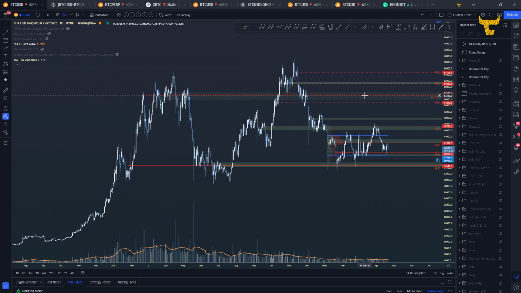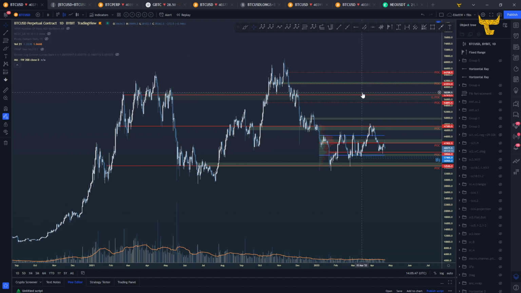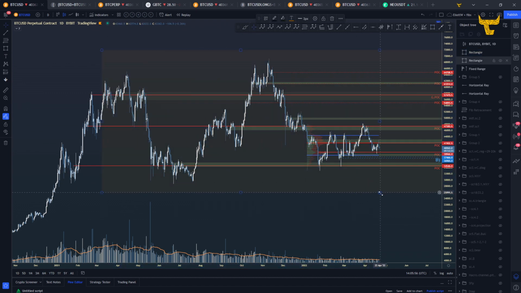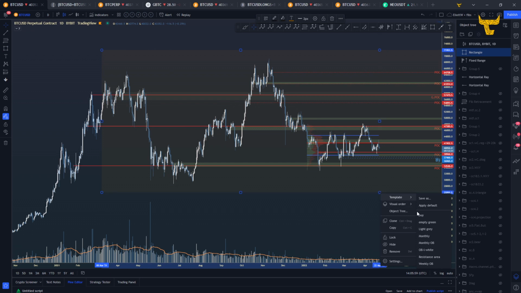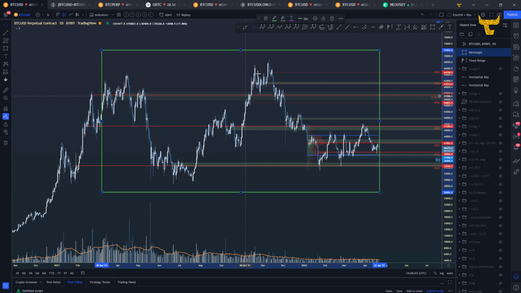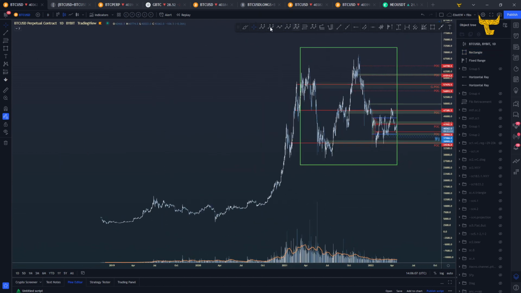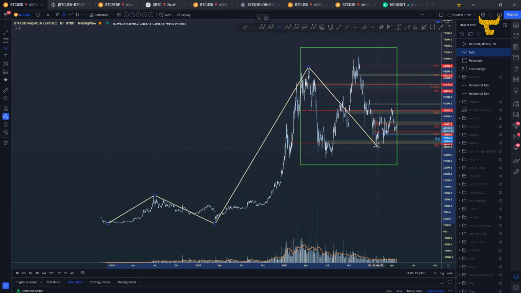We still have several scenarios, as always. Main idea, I'm not going to repeat that again, but we are looking for this range to be a wave 4 of the move from the 2019 low 3.